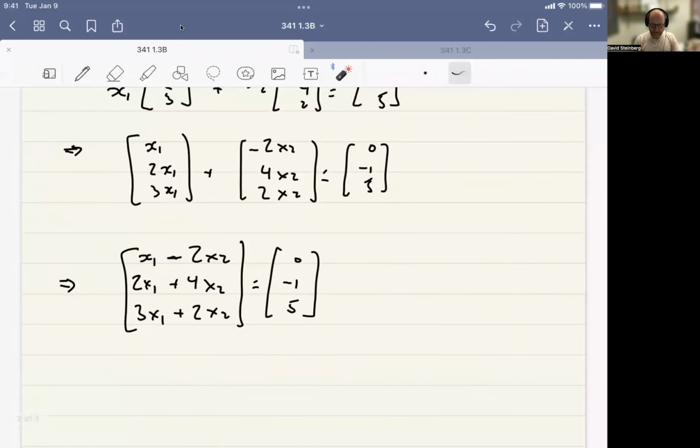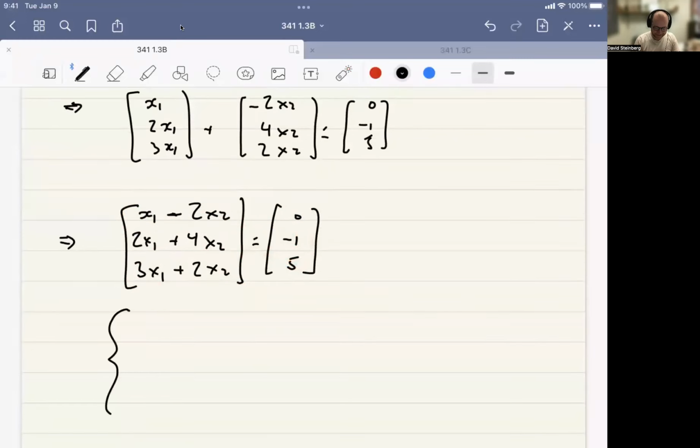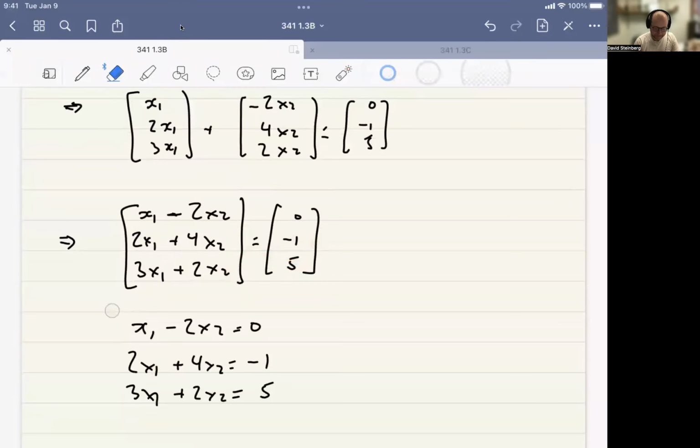But we also know if two vectors are equal, that means the first entries are equal, and the second entries are equal, and the third entries are equal. So really what we get is a linear system: x1 - 2x2 = 0, 2x1 + 4x2 = -1, and 3x1 + 2x2 = 5. It's a linear system.